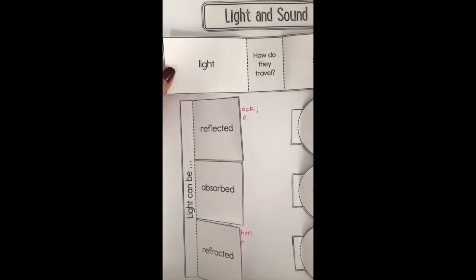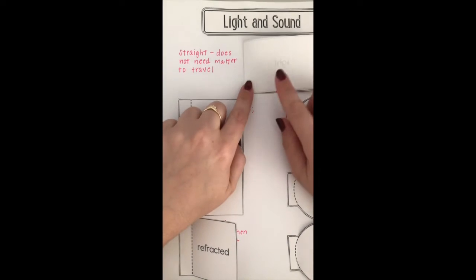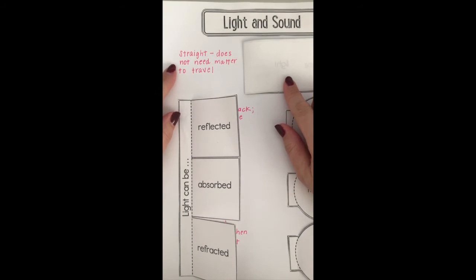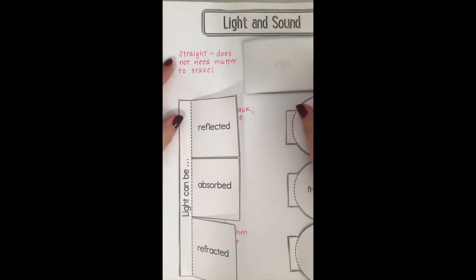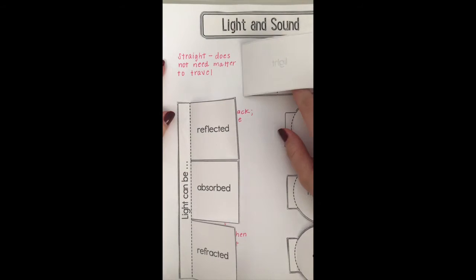And the simplest way to put that is that it travels straight and does not need matter to travel. So you can put it in your own words, of course, but this is a basic meaning. Remember not to start this until we have discussed light and sound and you have watched the videos in the description box.